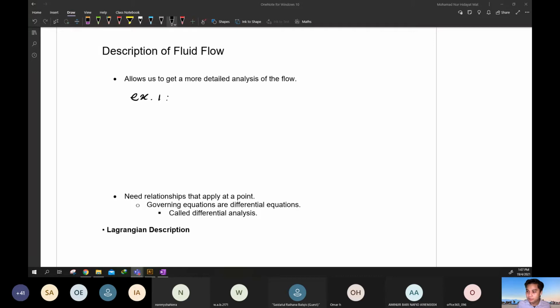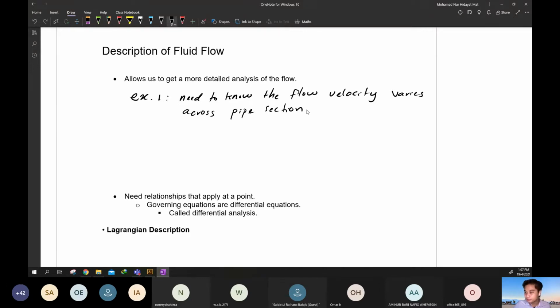Okay. So for example, we need to know how the flow velocity varies across a pipe section.